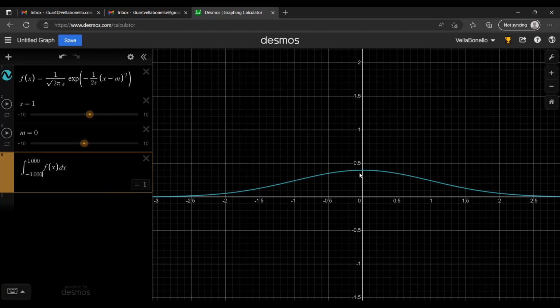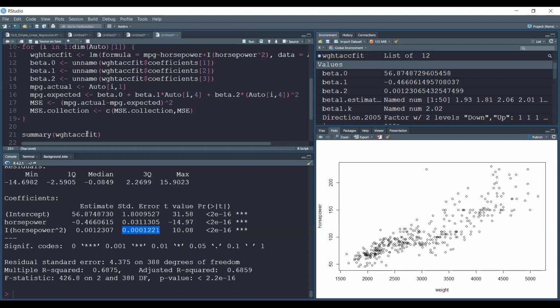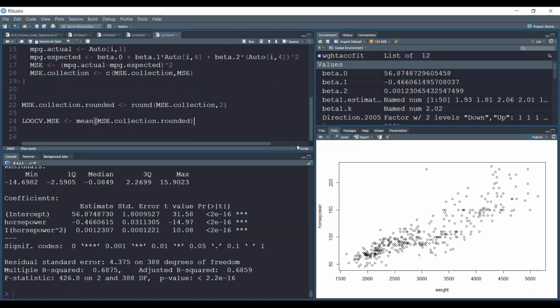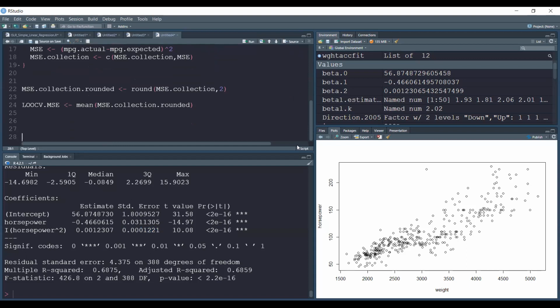Now, the mean is 0. That's what you would expect. You can run it in R over here. And what do we tell R? We just say some sample values, R normal distribution.